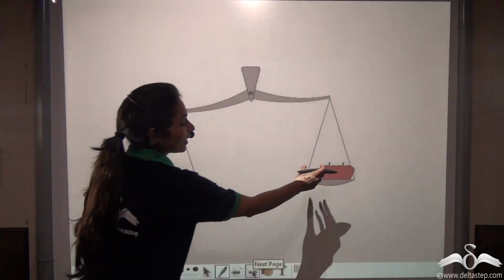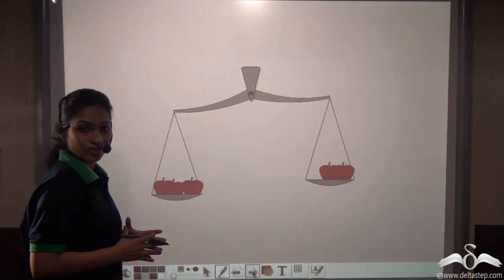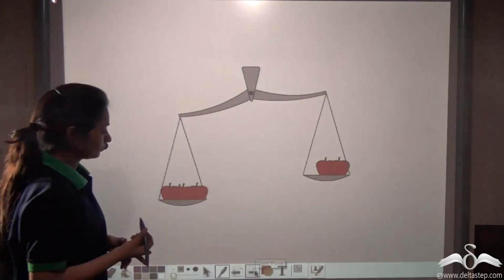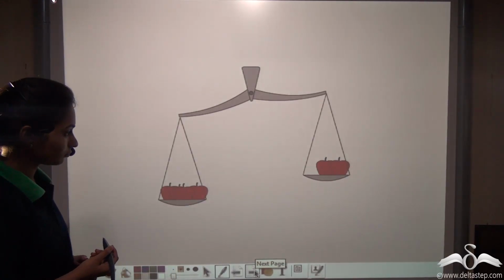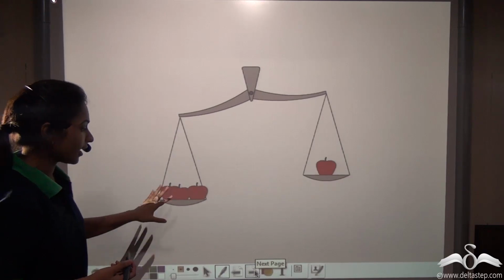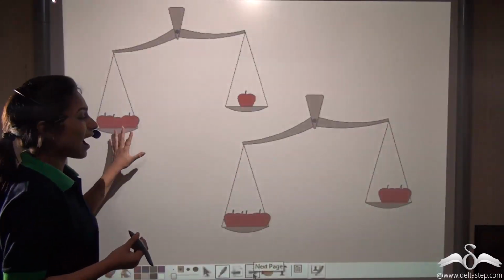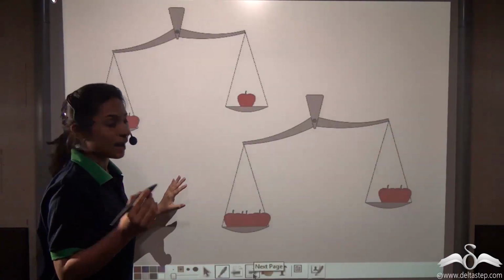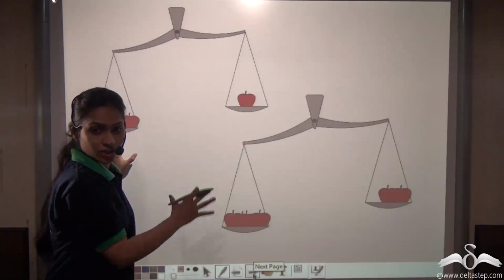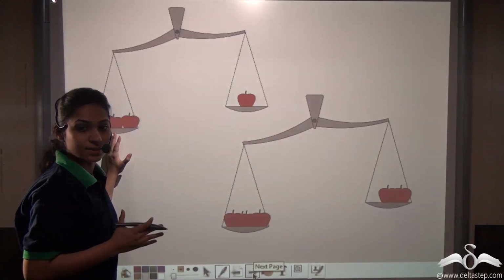Or I say that if I take out 1 apple each from both the sides, will the inequation change? You can see again this side is heavier. So this means that if I add or subtract 1 apple from both the sides of this weighing machine, the inequation will not differ or will not be disturbed.